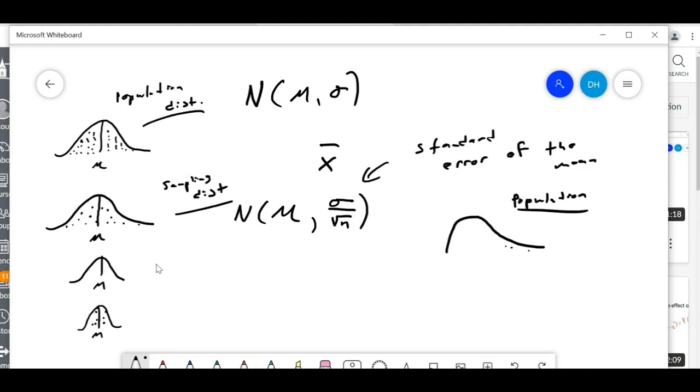Well, a very interesting thing happens with something called the central limit theorem. It says that this trick that we did, moving from the population to the sampling distribution, is so good that if you move to a sample distribution, even though the population wasn't normal, if you start working with averages, this crazy thing happens.